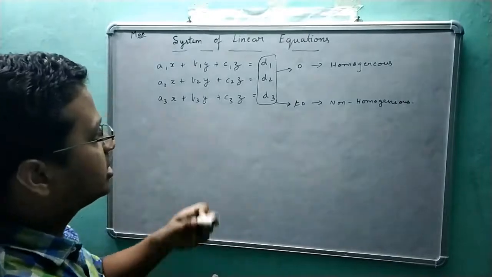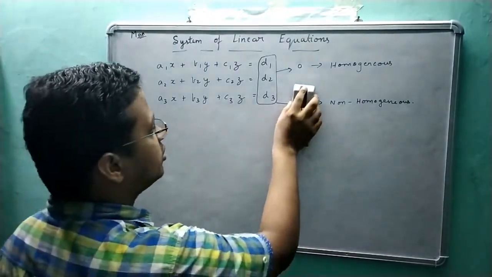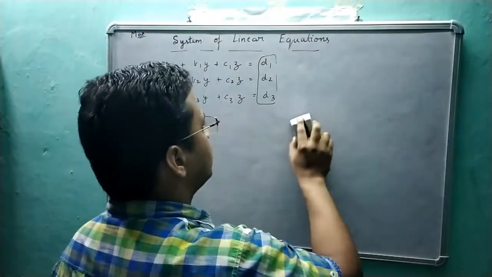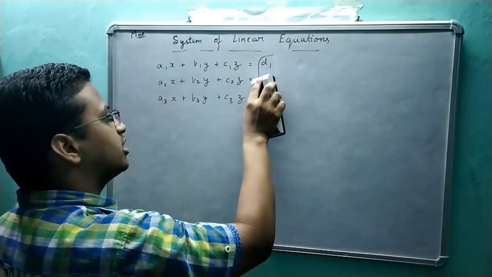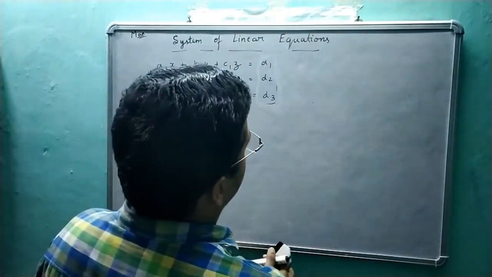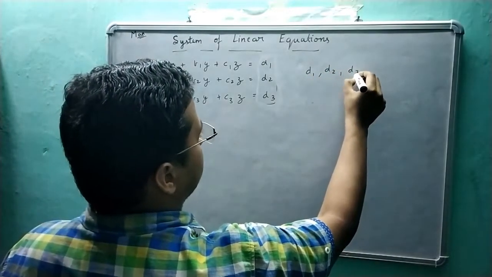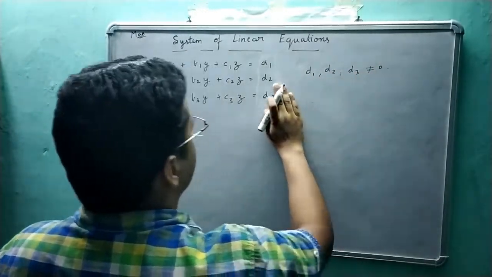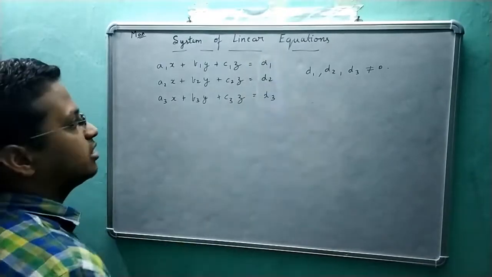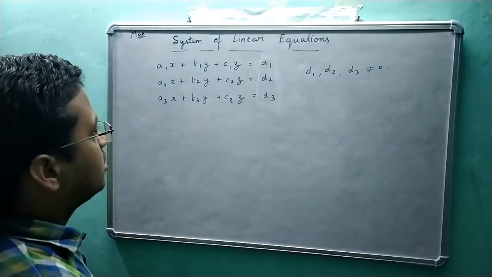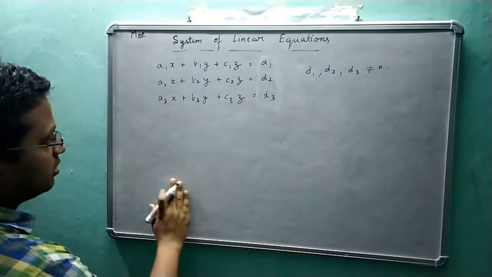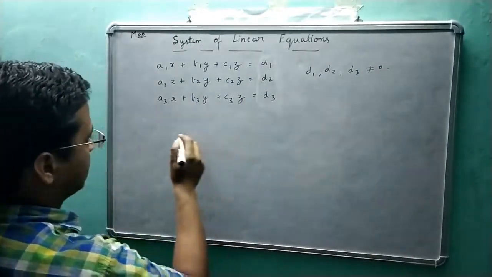Alright, so now let's first see non-homogeneous linear equations. So non-homogeneous means d1, d2 and d3 are not equal to 0. So for that case, what Cramer did was, he made some determinants.